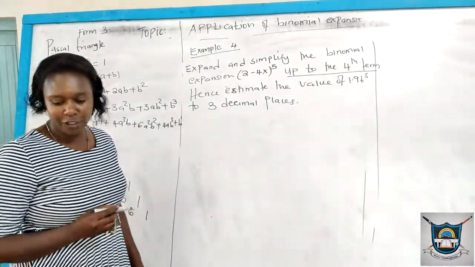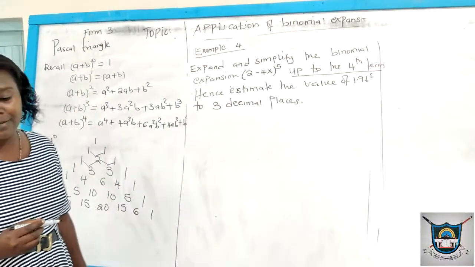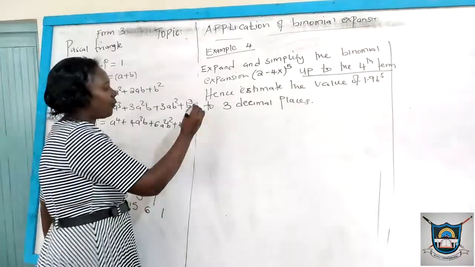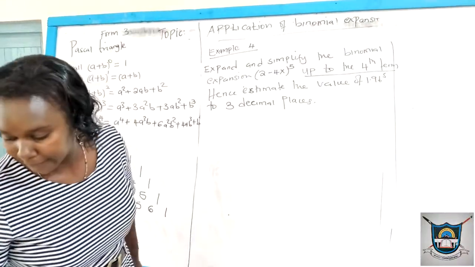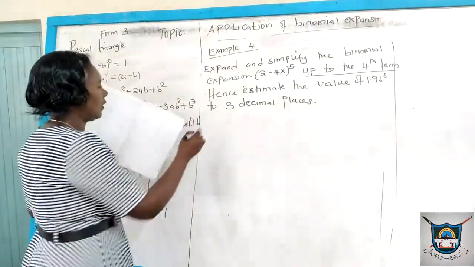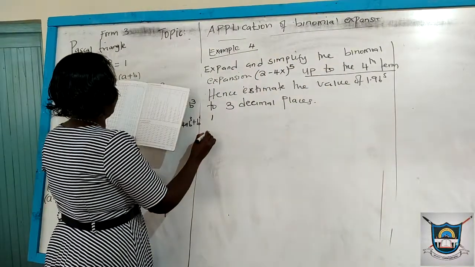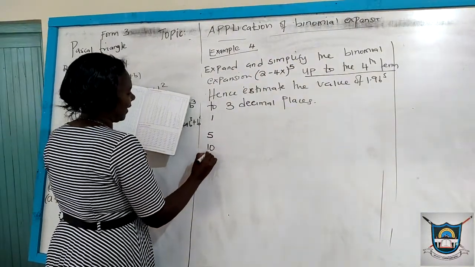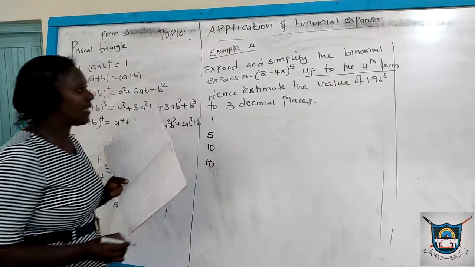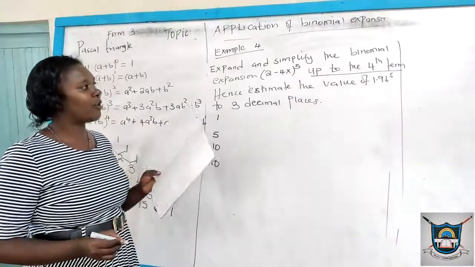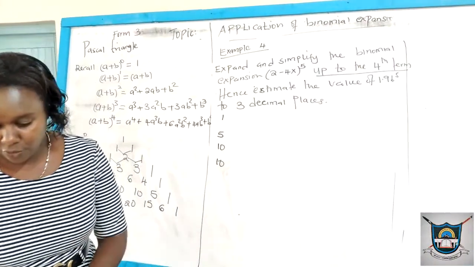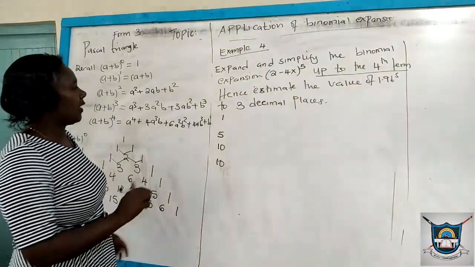When we are getting the coefficients, you get the first 4, which for power 5 are 1, 5, 10, 10. The instruction is that we use up to the 4th term, so we need those first 4.